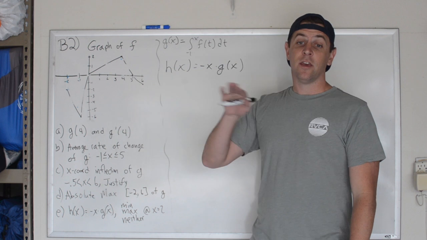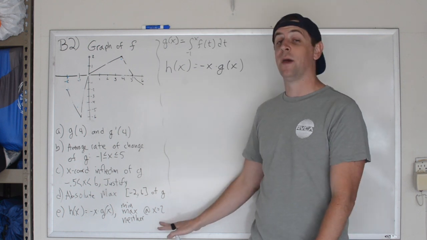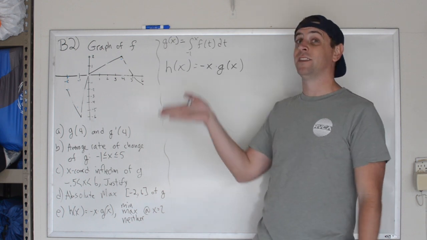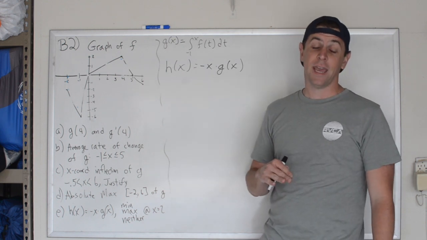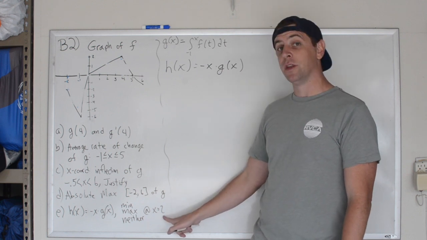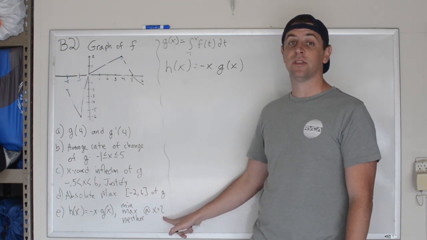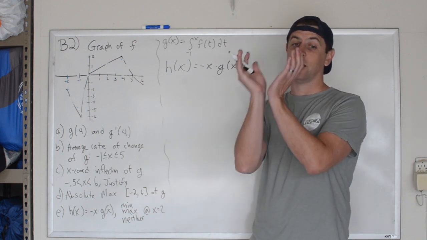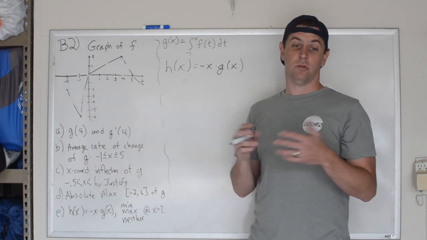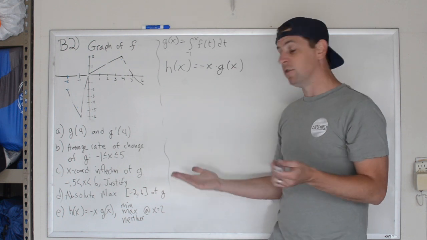If it does, then we have a possible critical point, a possible max or a min. To determine if it's a max or a min or neither, then we'll have to take the second derivative, h double prime, and put in 2. And when we put in 2 into h double prime, we'll see if the second derivative is positive, meaning concave up, negative, concave down, or neither, which would be like 0 or undefined, which means it would be neither.